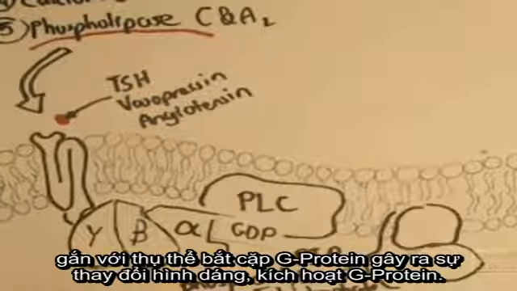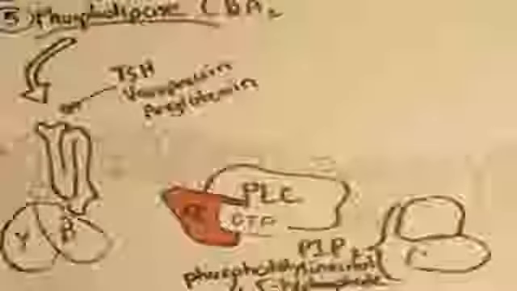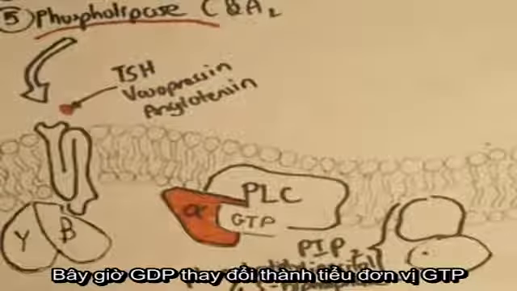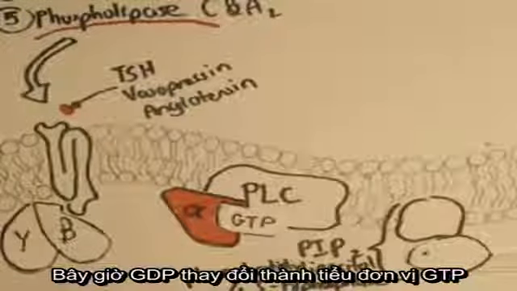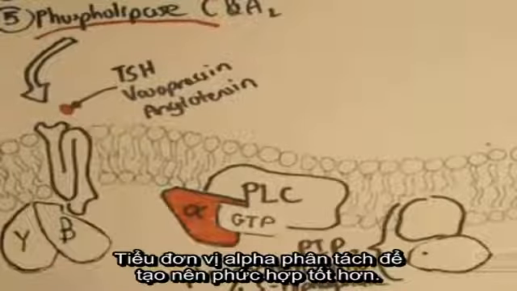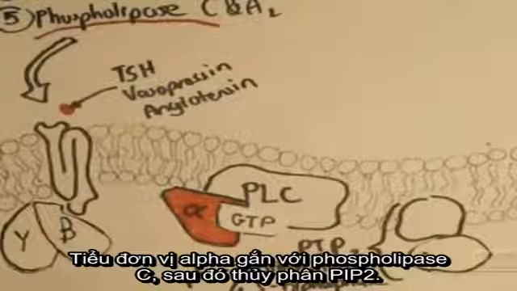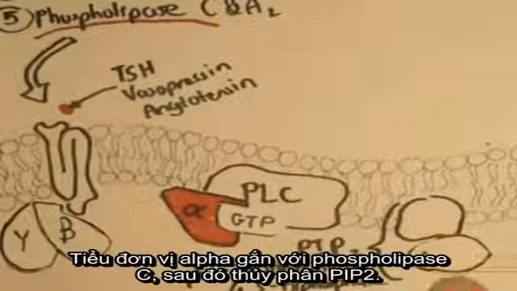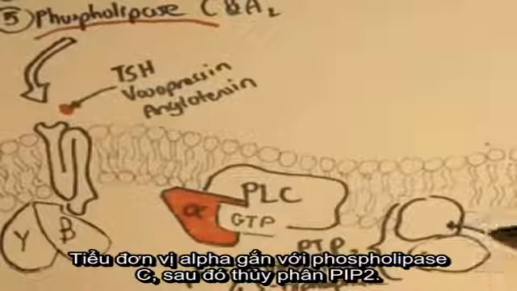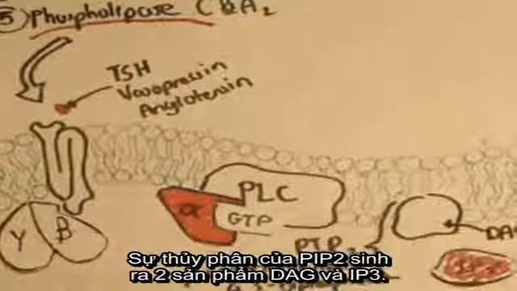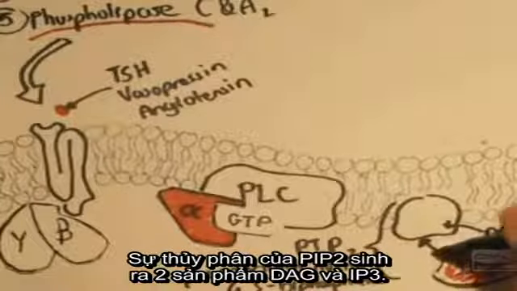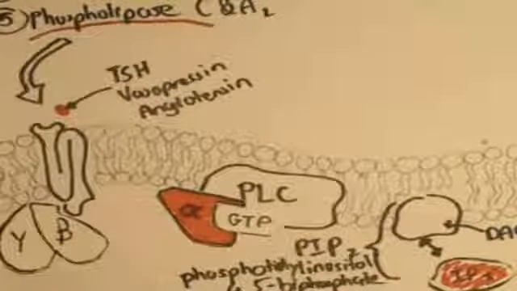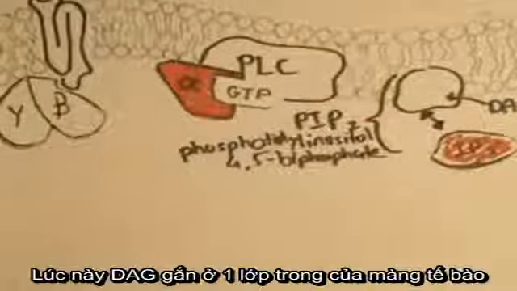Now, let's see how the PLC second messenger system works. A ligand, usually thyroid stimulating hormone, vasopressin or angiotensin, binds to the G protein coupled receptor, inducing a conformational change, activating the G protein. Now, GDP gets changed to GTP. The alpha subunit dissociates from the beta-gamma complex and attaches to phospholipase C, which then hydrolyzes PIP2.